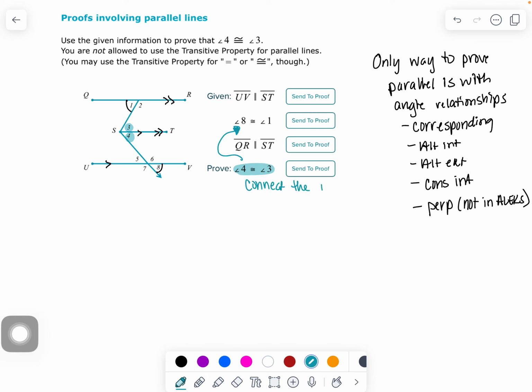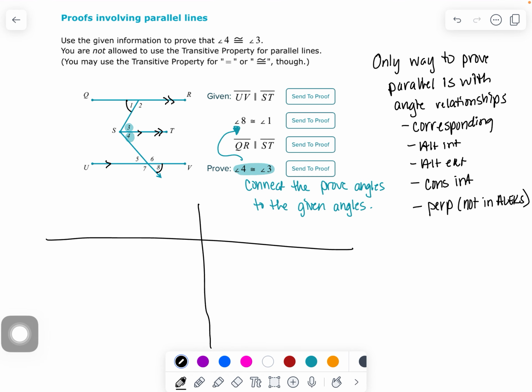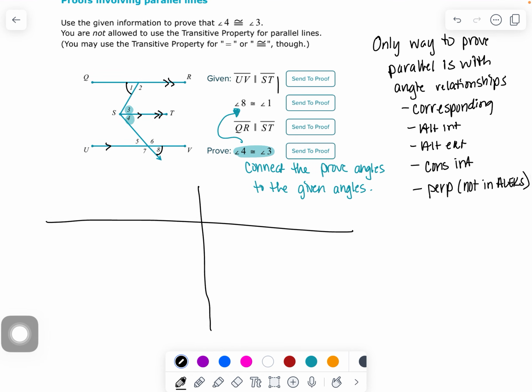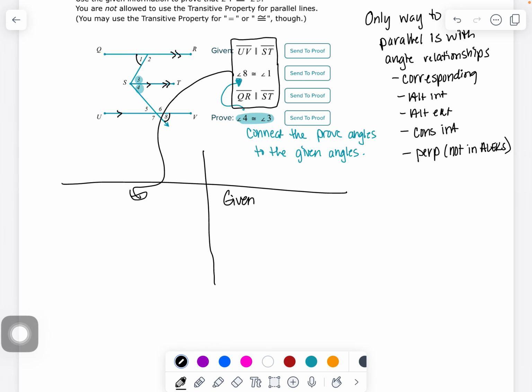Connect the prove angles to the given angles. That's going to be our goal, okay? All right, so we're going to set it up down here. I'm going to bring all of my givens down into here, and I'm going to write down my givens. And then I'm going to bring in what I can.